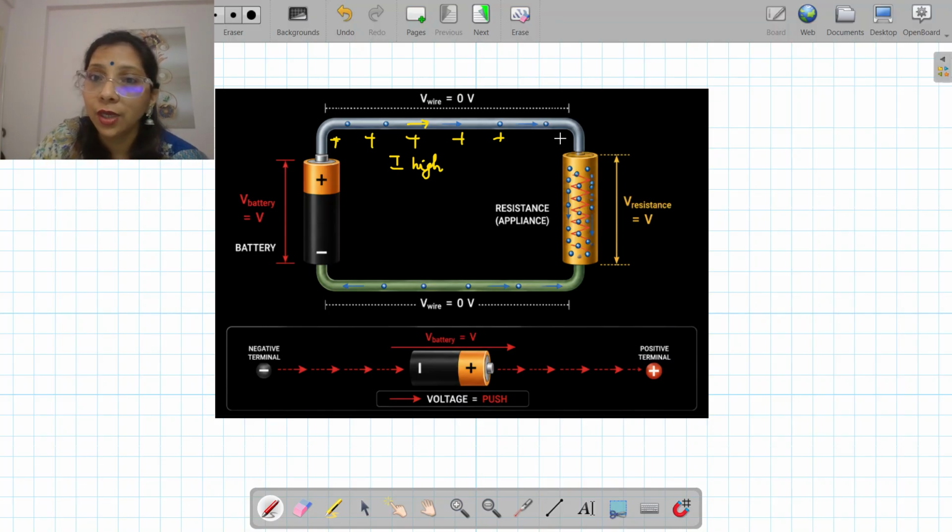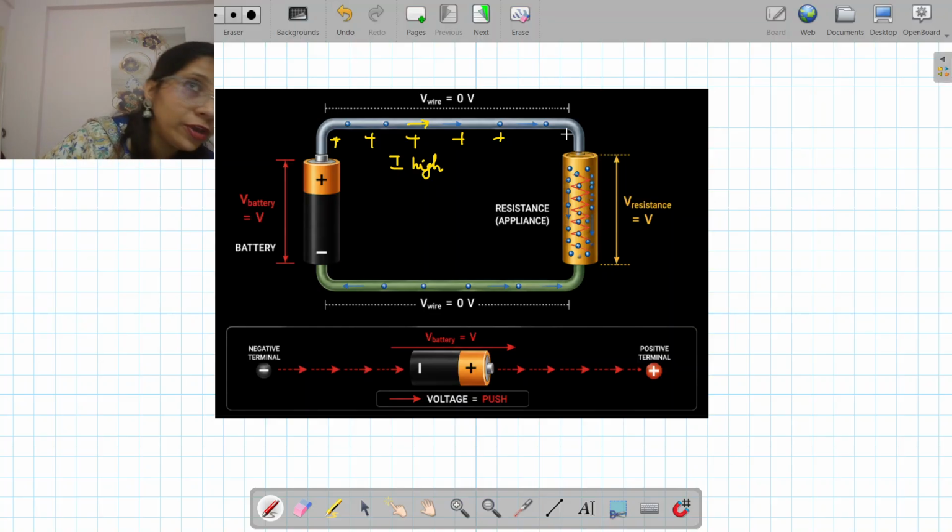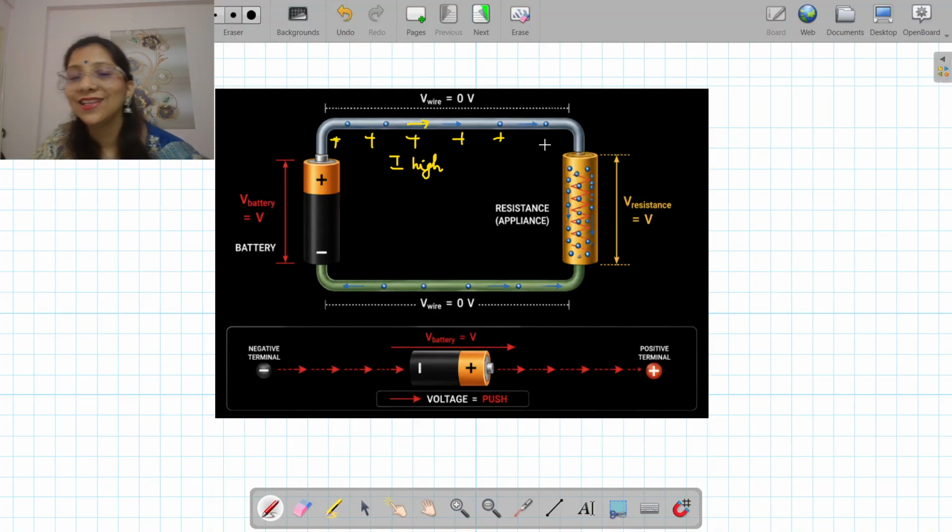But then we come here, and here we have a resistor. It is like I'm entering from a 12-lane highway into a village lane, a very thin, crowded lane. What's going to happen? Of course, traffic jam. So we have a literal traffic jam here.